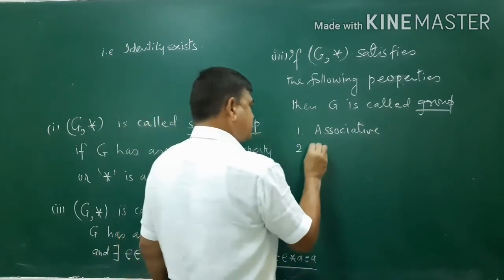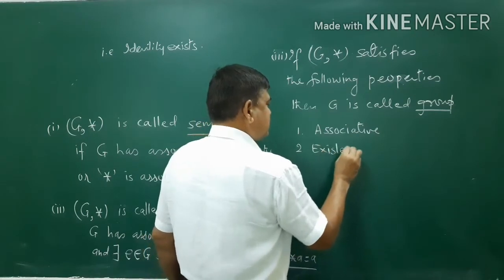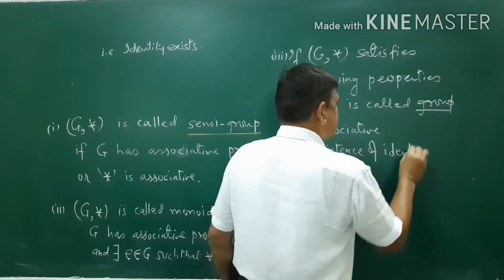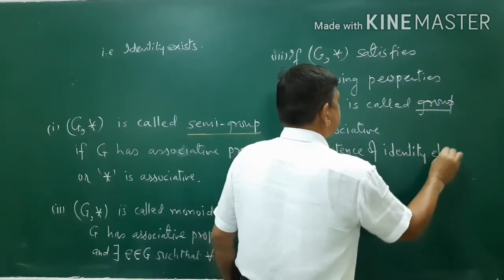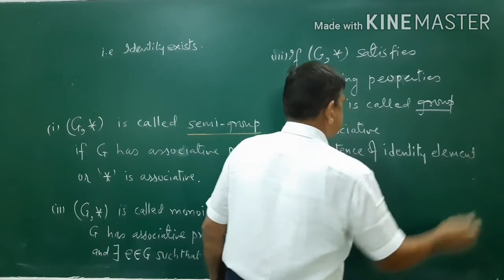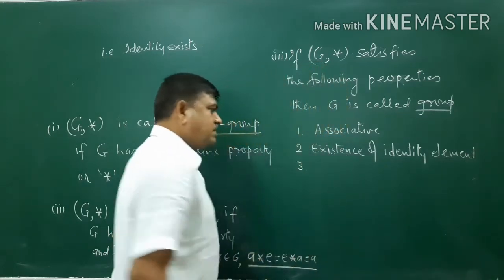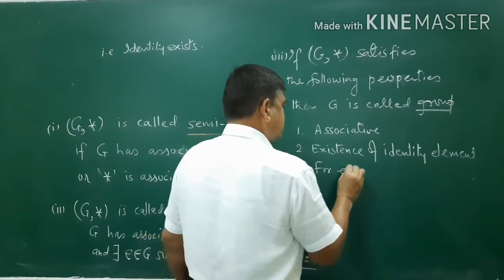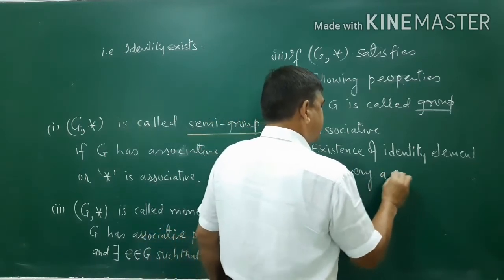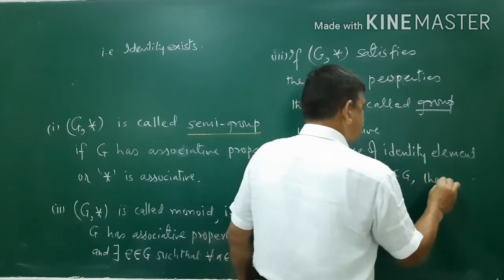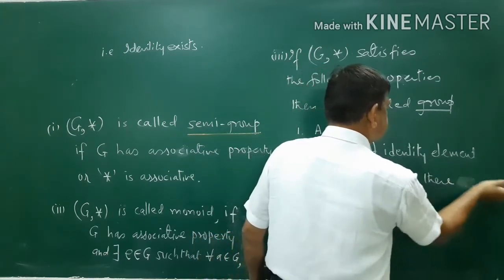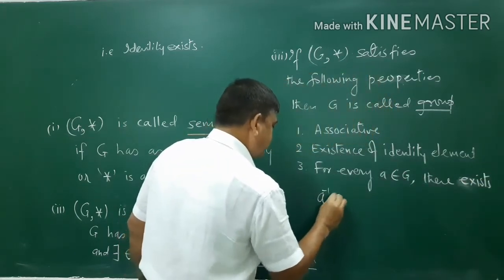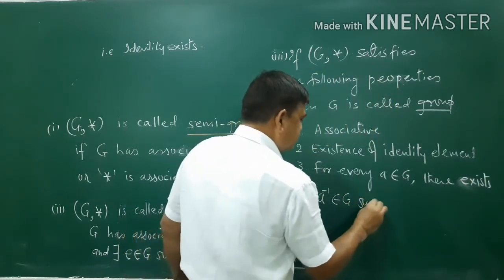Number two, existence of identity element. Number three, for every a belonging to G, there exists an inverse belonging to G such that a * a inverse equals identity.